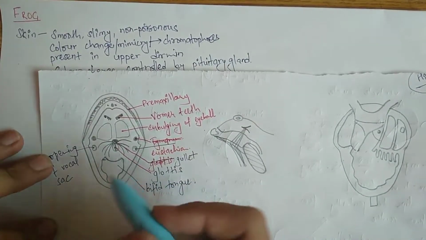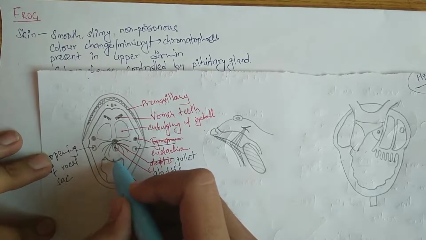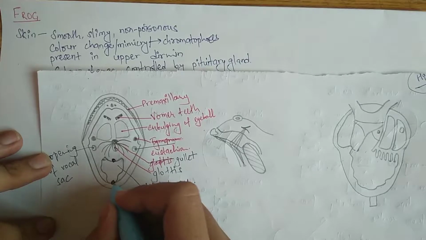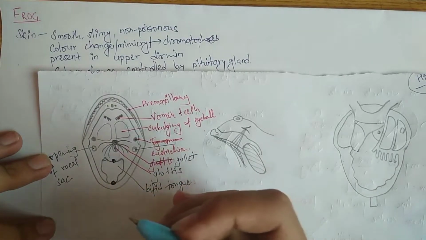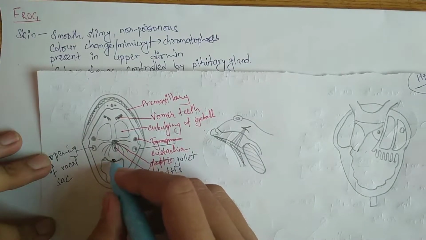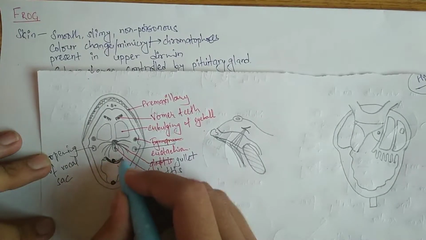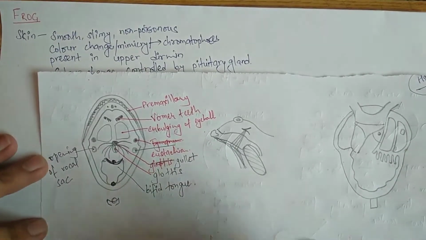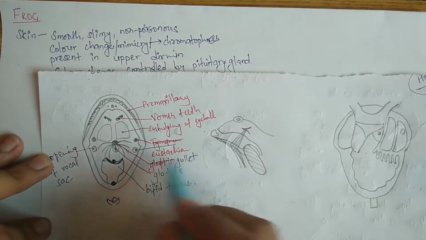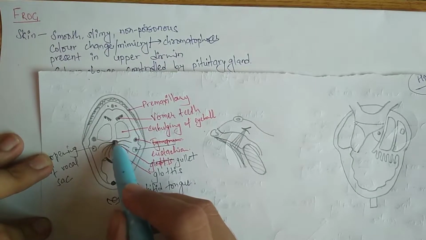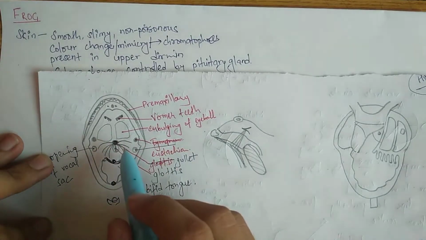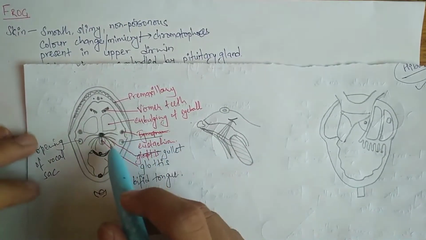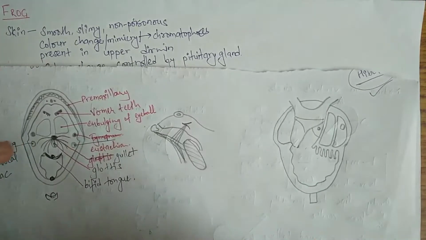Our tongue is attached at the posterior portion, but in the frog the front part of the tongue is attached and the back part comes out like a bifid, which catches insects and then engulfs them into the gullet, also called the food pipe, and then it directly enters the stomach, where enzymes act to kill the prey, the food.